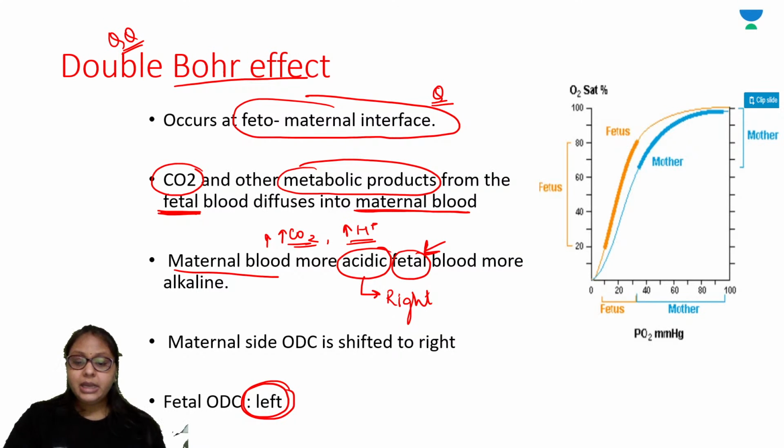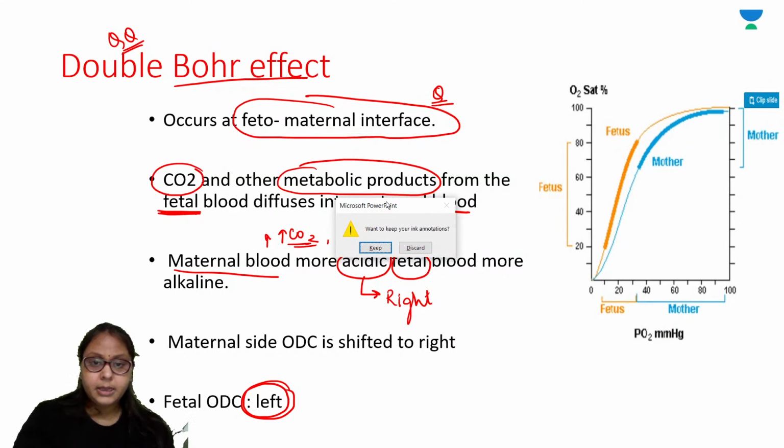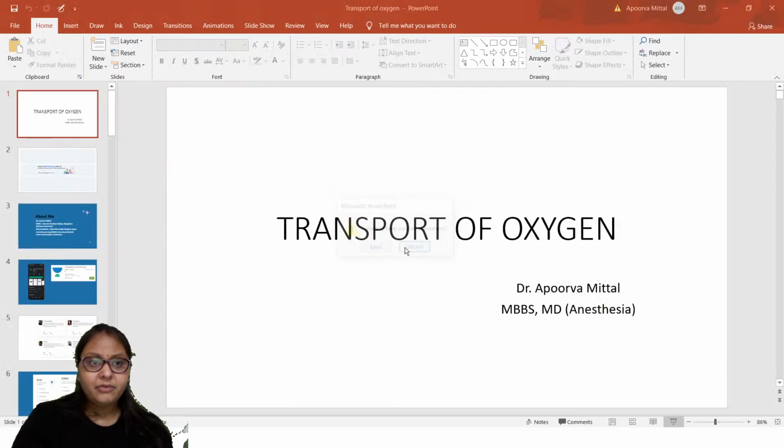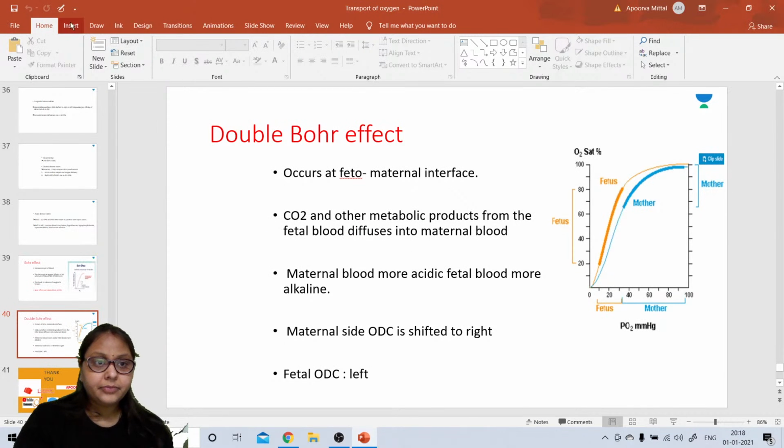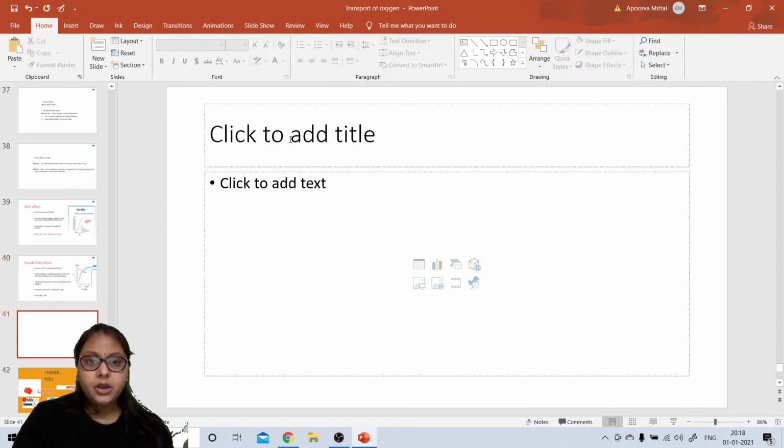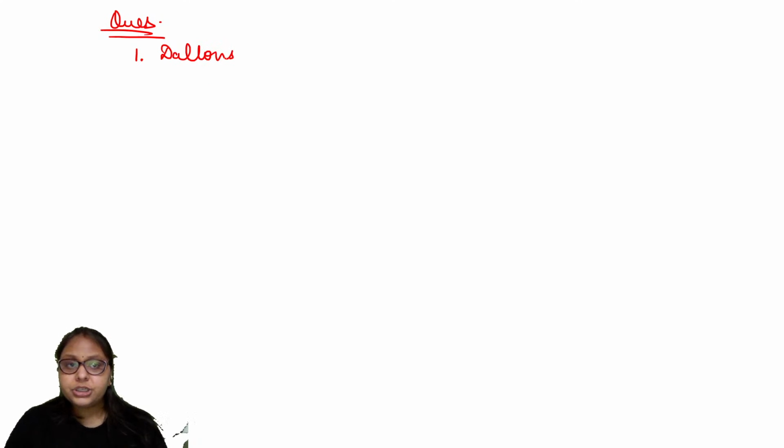So in today's class, to sum up, what did we study? The important questions or MCQs that can be asked: first, Dalton's law of partial pressure, then second, the oxygen cascade.